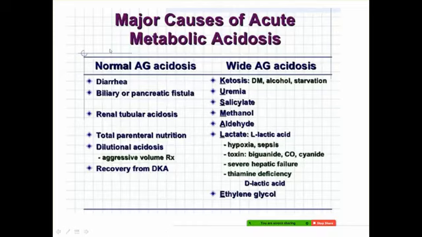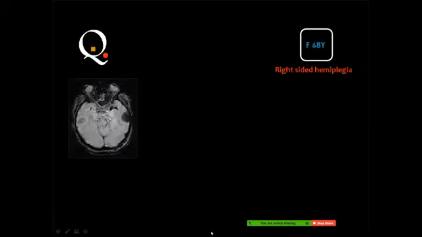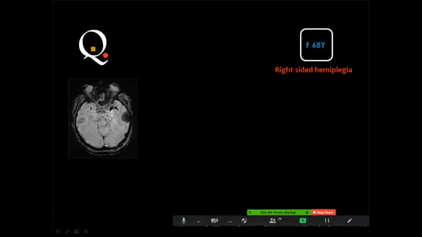This is a summary of the most common causes of metabolic acidosis, like diarrhea, biliary or pancreatic fistula, renal tubular acidosis, total parenteral nutrition, dilution acidosis, recovery from diabetic ketoacidosis, and many other causes. You may remember this until I prepare the full lecture and upload it on my website. The next case is a patient.